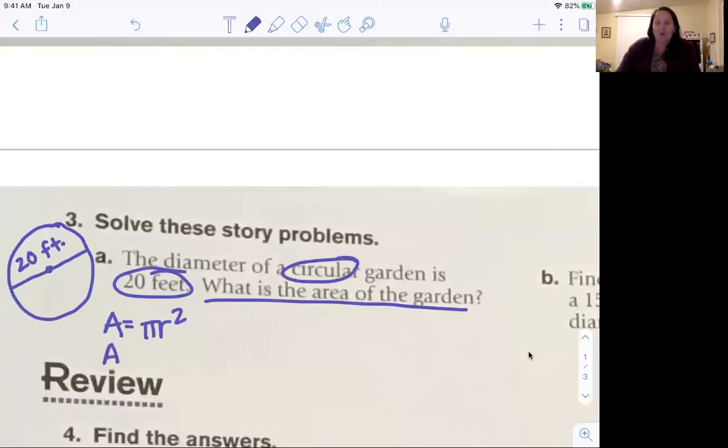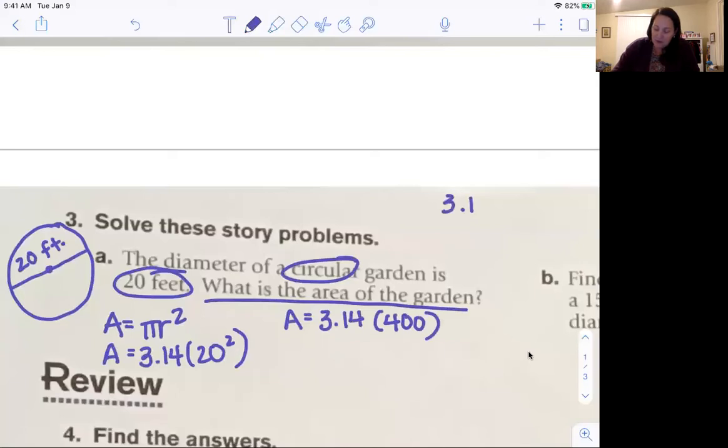Would we use 3.14 or 3.17? If you said 3.14, you're right. 3.14 times 20 squared. 20 squared is 400. And I'm going to come over here and do it to the side because I don't have enough room. And you probably don't either. That's why you can use that scratch piece of paper. So 3.14 times 400. And I'm going to do this up here. 3.14 times 4.